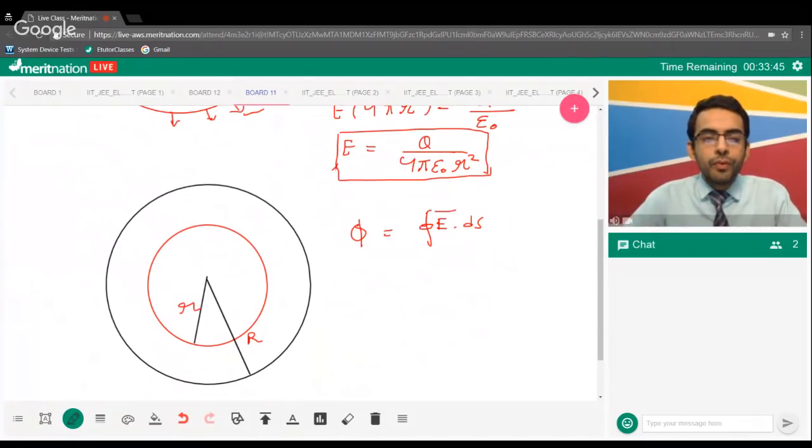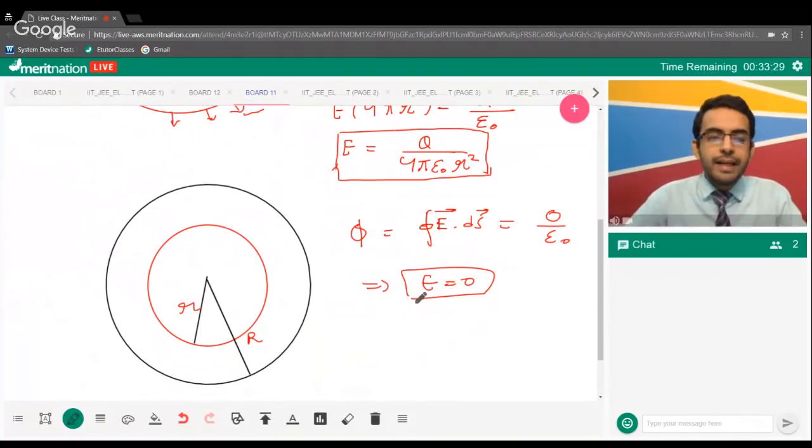So we can see, students, that no charge is enclosed in the Gaussian surface. So 0 upon epsilon 0. So this implies the electric field is also 0 inside it. So inside a spherical shell, the electric field is 0. And outside it, it varies as Q by 4 pi epsilon 0 r square.